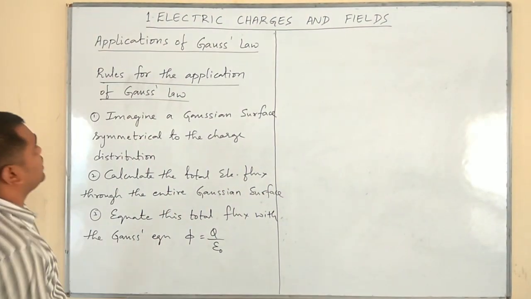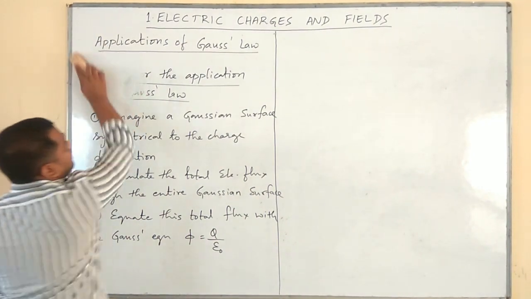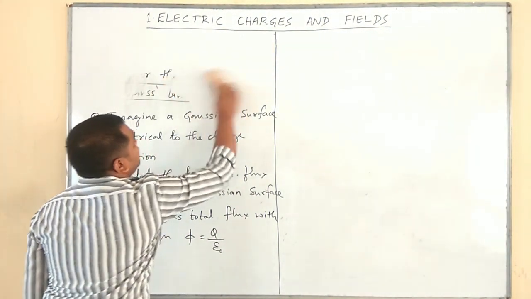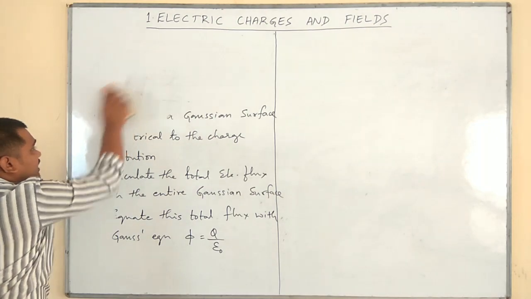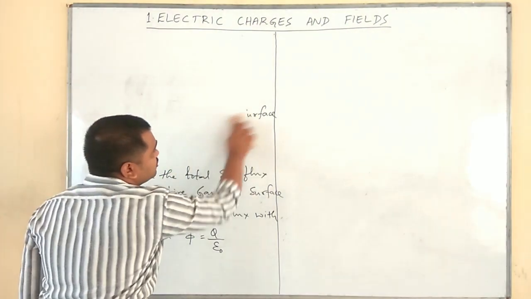The first application of Gauss law in electrostatics is the calculation of electric intensity at a point due to a charged spherical shell.